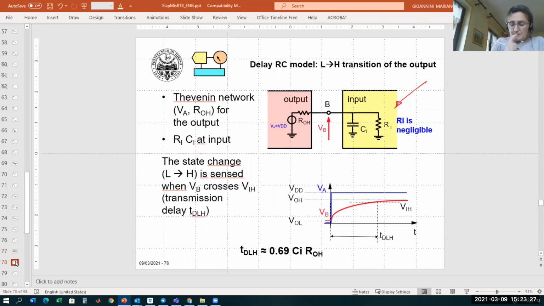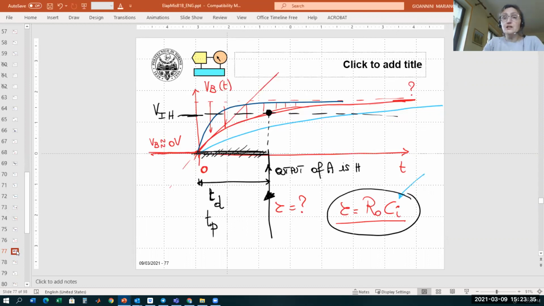So all this stuff is explained in these other slides. To calculate the delay, you should write the analytic expression of this decreasing exponential transient and set when the decreasing exponential is equal to VIH, and calculate the time.